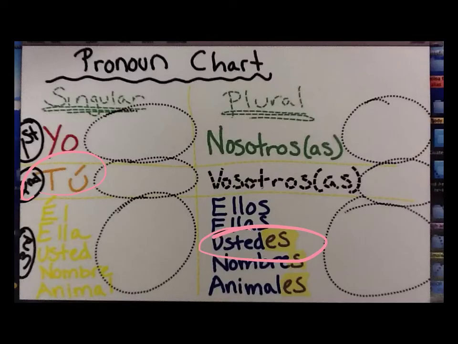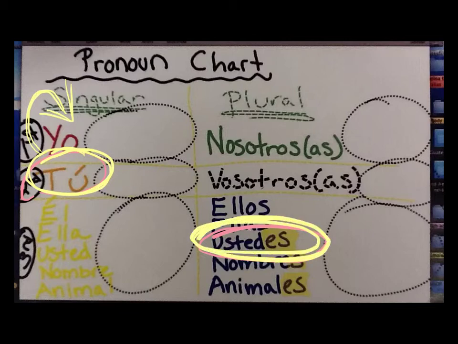Any tú goes to yo. Anytime I ask you a question, you answer in the yo form about yourself. Anytime you get a question in ustedes, about you and all your friends, you must answer in nosotros. Anything else, él, ella, usted, Javier, el mono, los monos, Javier y Jose, ellos, ellas, all of those, that's what I mean.